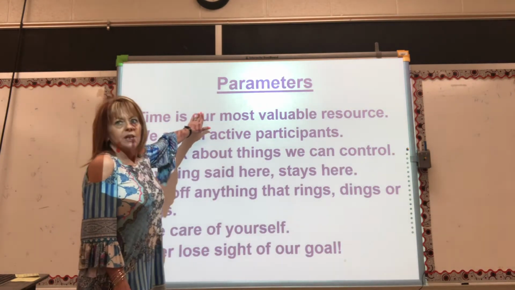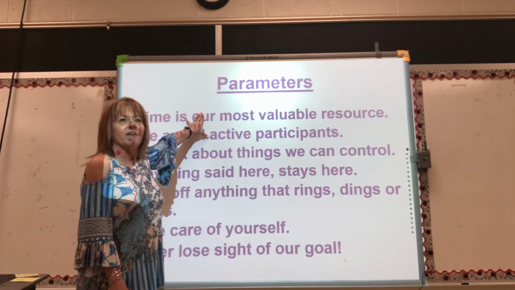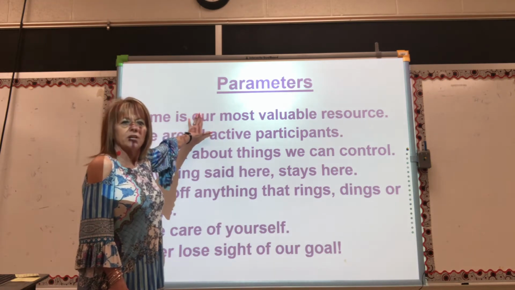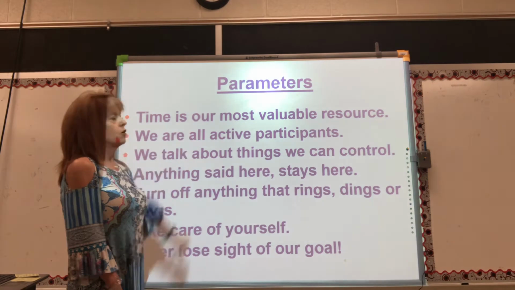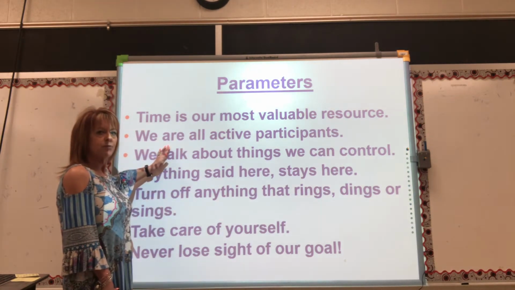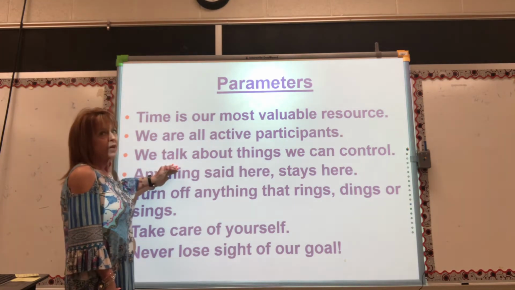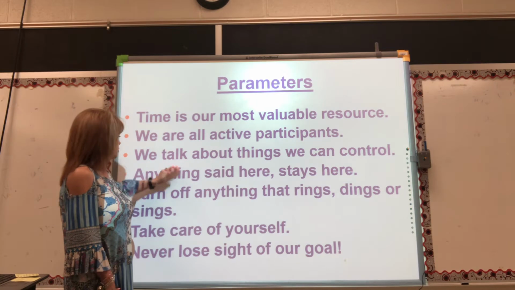The parameters, let's go over these just as you would with your students in your classroom. You have outcomes and expectations, so let's go over ours. Time is our most valuable resource. We are all going to be active participants, sharing and learning together. We talk about things we can control, not bless your hearts.